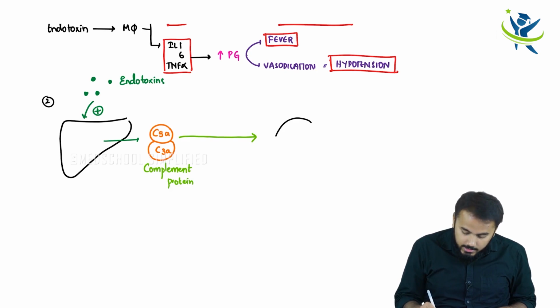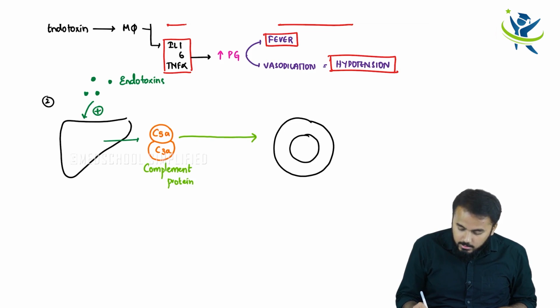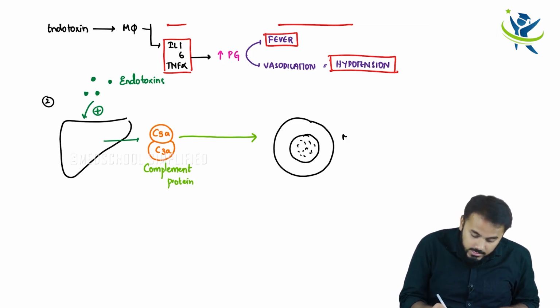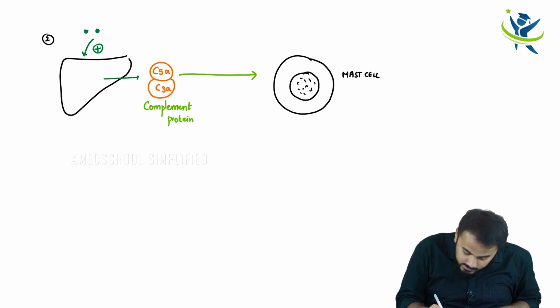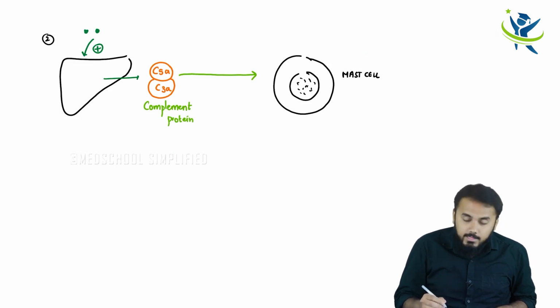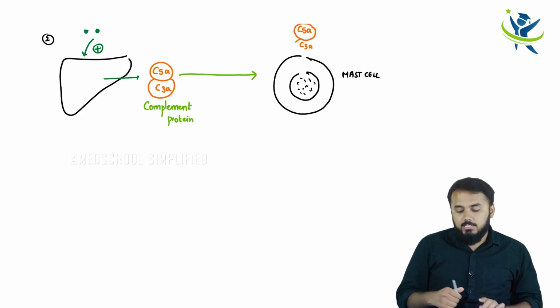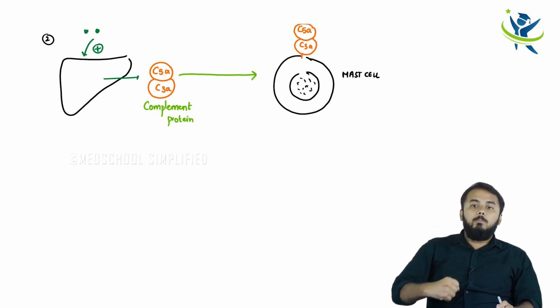There are granules within the mast cell. So what is happening in the mast cell? Look now, this C5a and this C3a together have a very long injection-like thing. This injection-like thing will break down the mast cell.